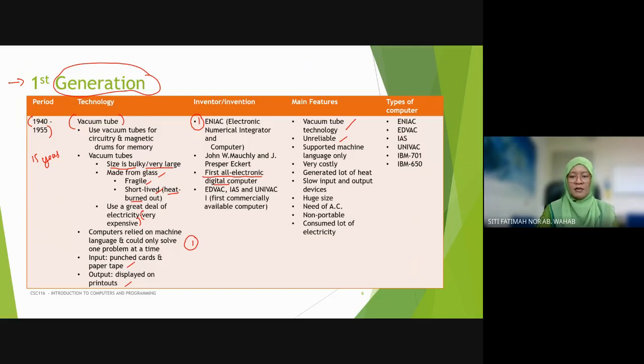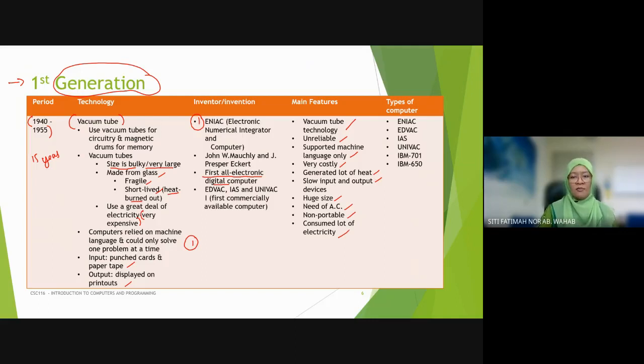It was unreliable. It only supports machine language, very costly, generated a lot of heat, slow input and output devices, huge in size, needed AC, non-portable because it was so big, and consumed a lot of electricity.